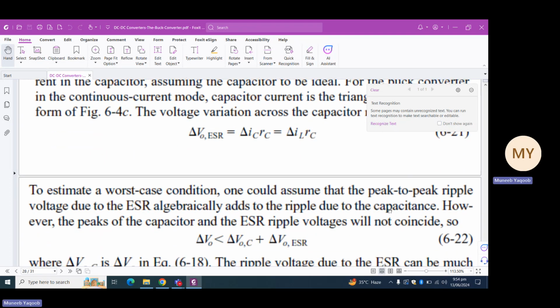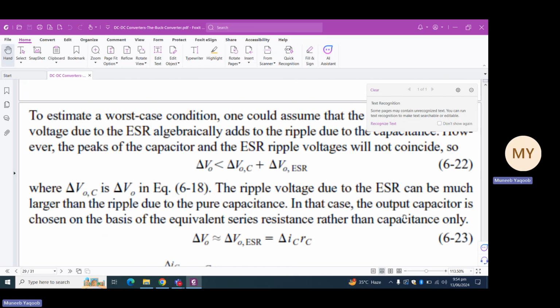Now, the overall ripple voltage is the sum of the ripple voltage due to the capacitance plus the ripple voltage due to this ESR. But the effect of ESR is much more dominant.